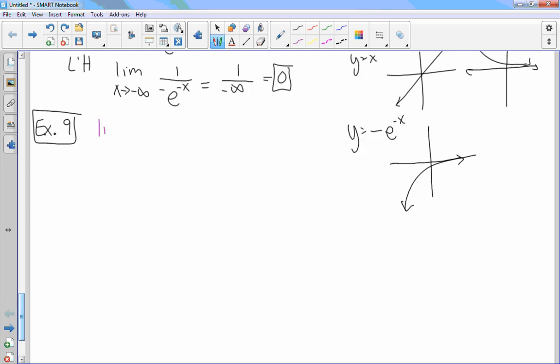Okay. The limit as x approaches infinity of x to the 1 over x. If you plug in infinity, we get infinity to the 1 over infinity, which is infinity to the what power? 0.